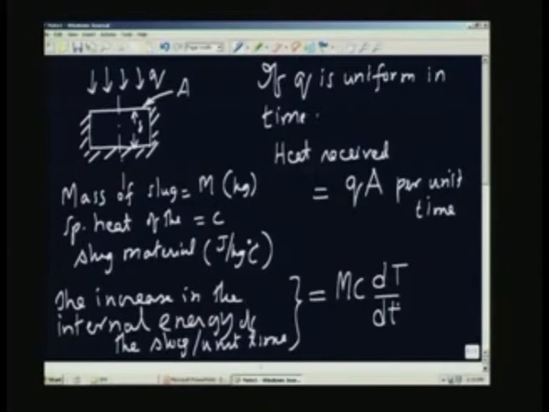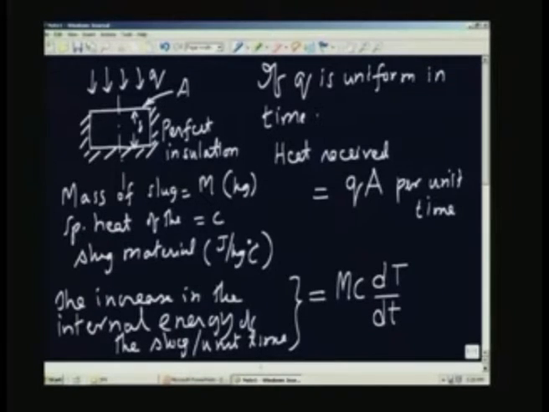This is under ideal conditions where there is perfect insulation. And also I am ignoring any heat loss from the front surface which is receiving the heat. Therefore, there is no heat loss from the front surface.